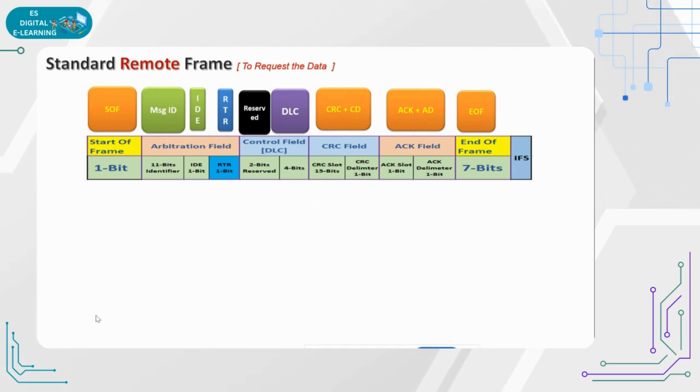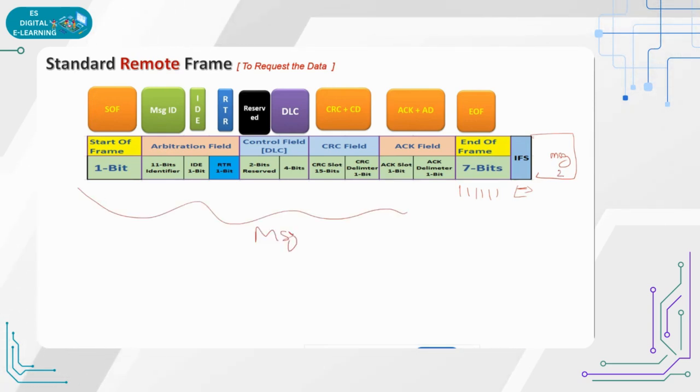It has 7 bits, and the 7 bits will all be ones. And the IFS will be 3 bits only. It is just a space of separation between messages, so that one message transfers, then message 2 comes after it.